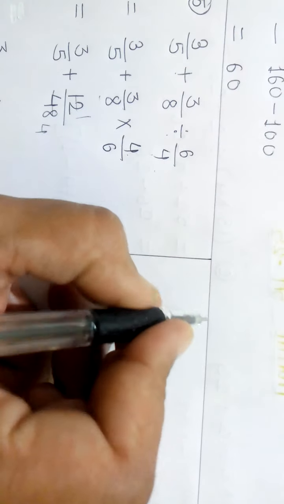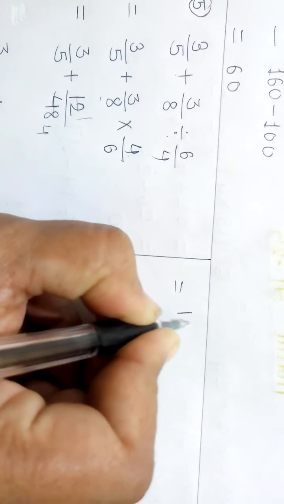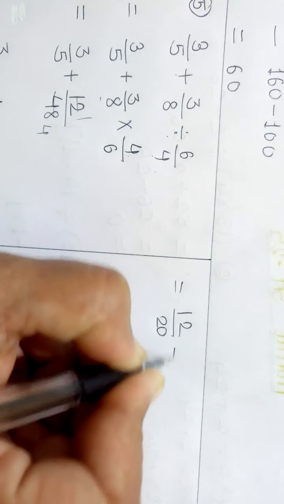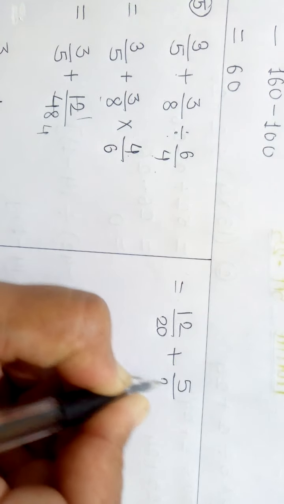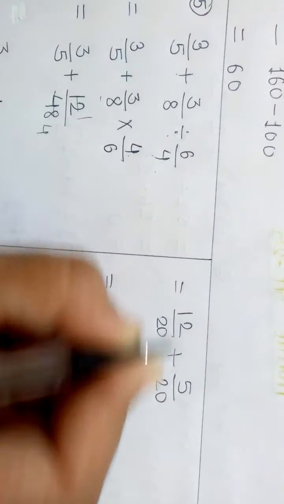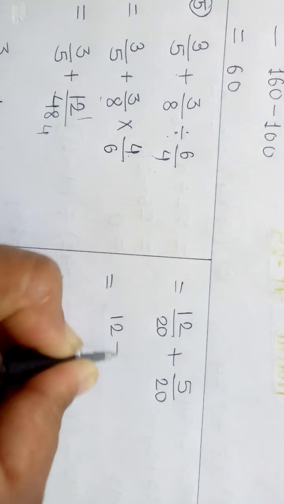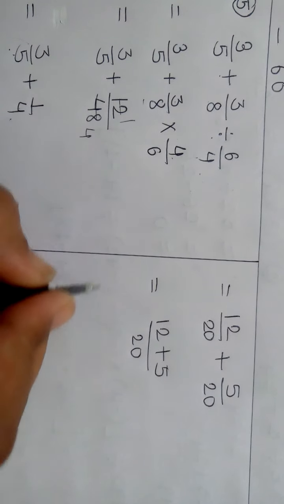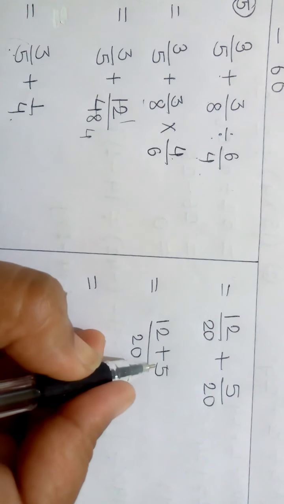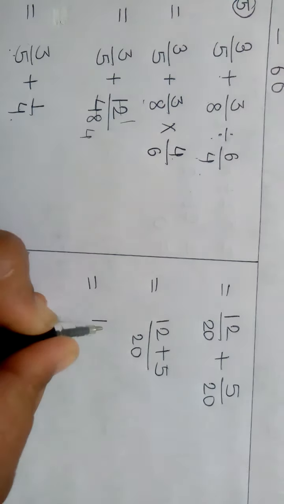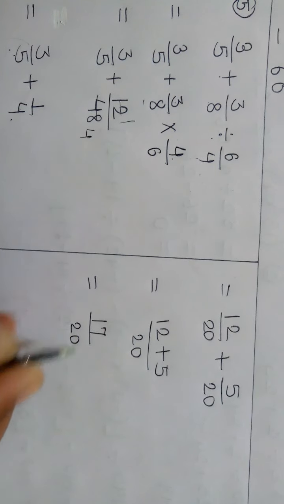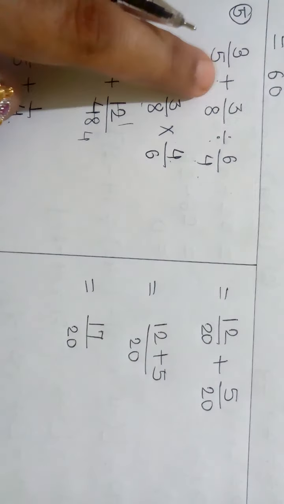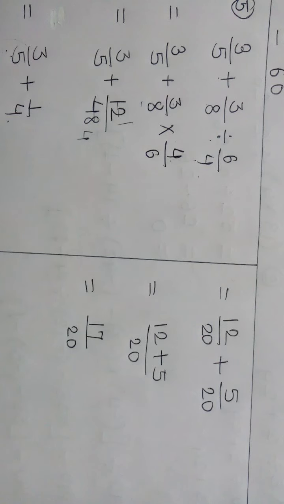Same step I will write first. That is 12 upon 20 plus 5 upon 20. So add only numerators. 12 plus 5 upon 20. So here it is 12 plus 5 is 17. 17 upon 20. So answer of this expression is 17 upon 20.